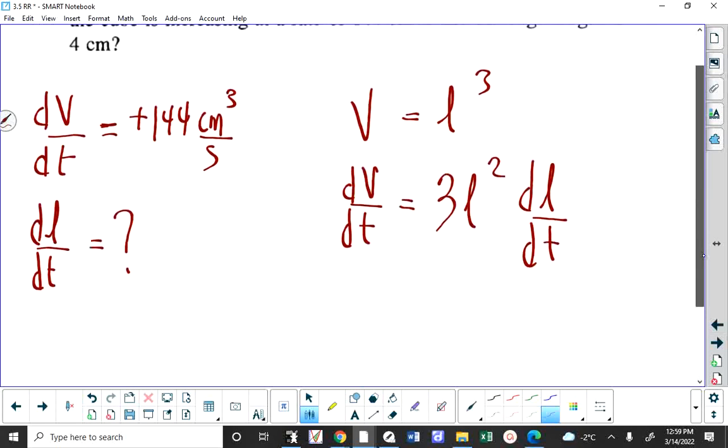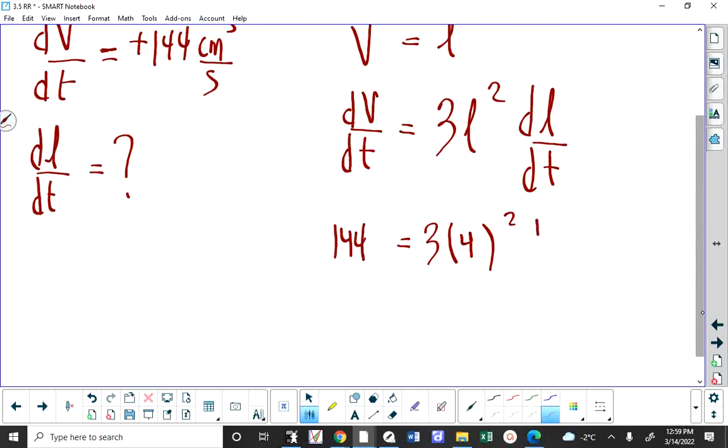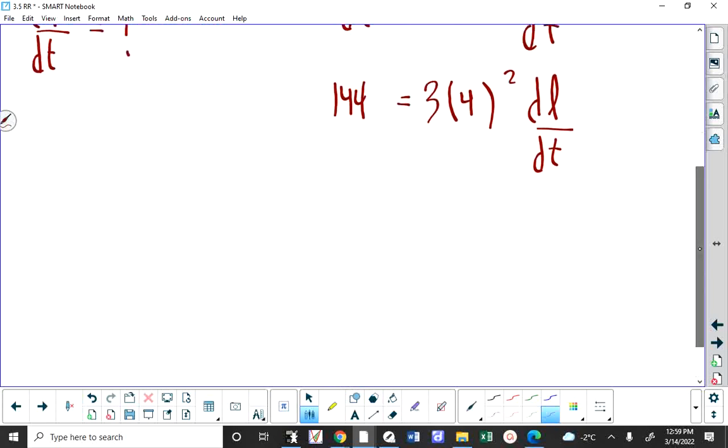So I can put in the 144 for dV/dt. I can put in the "when" statement. It says if the edge length is 4 centimeters, which means that's the point in time we're talking about. So I'm going to put 4 here, and this is dL/dt. So we're going to end up having to take 144.